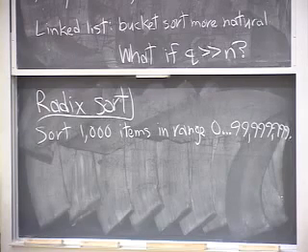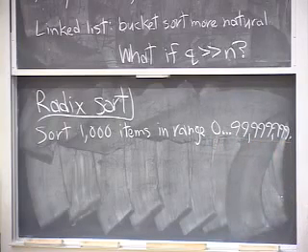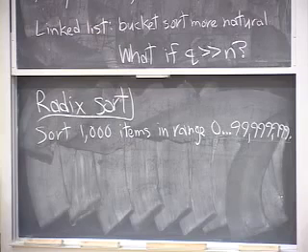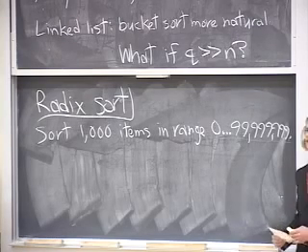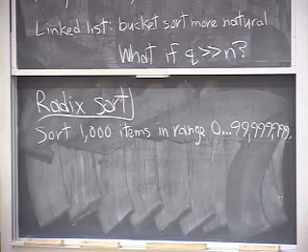Now, we could use counting sort on that, but we'll need to use 100 million queues to sort the things in. And we will spend so much time initializing and concatenating empty queues that we will wish we'd used selection sort instead. So counting sort and bucket sort aren't appropriate anymore, but we can still rescue this by sorting one digit at a time.